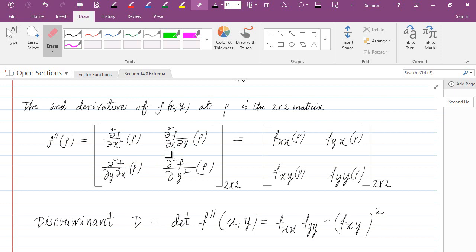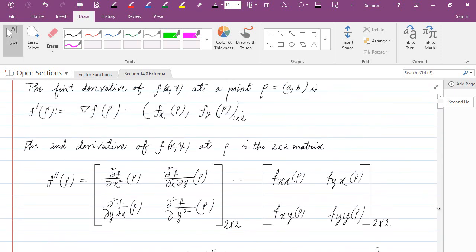Okay, so one way to remember this 2 by 2 matrix is that, if you look at the gradient and take the derivative with respect to x, then what happens? If I take the derivative of fx with respect to x again, I get fxx, and if I take the derivative of fy with respect to x, then I get fyx.